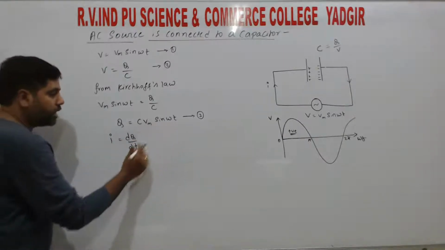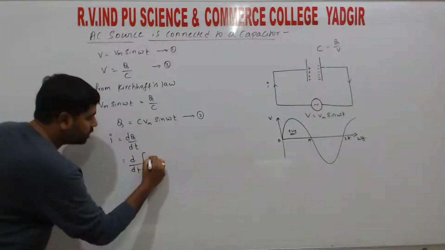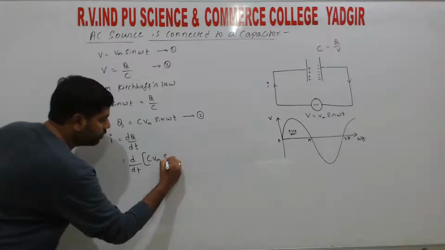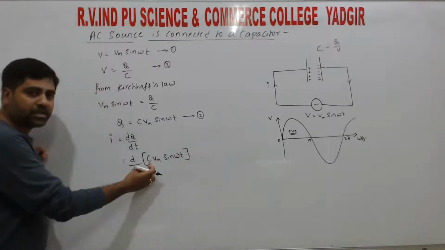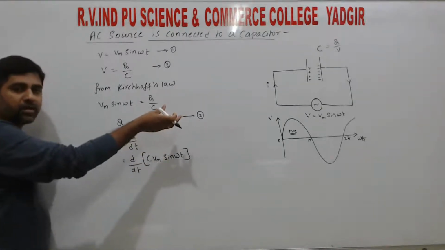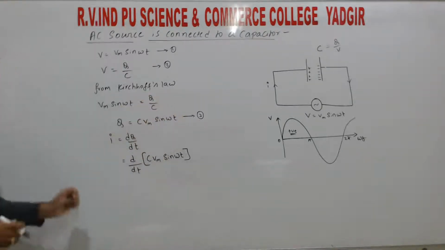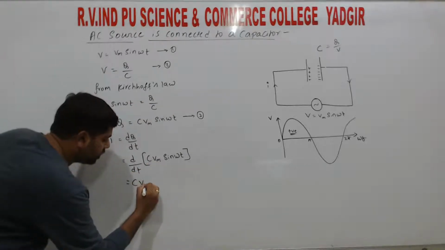From equation 3 we have the value of Q, that is C Vm sin omega t. The capacitance of the capacitor is constant, and the applied voltage from the AC source is also constant, so we can take these two as common, C Vm.